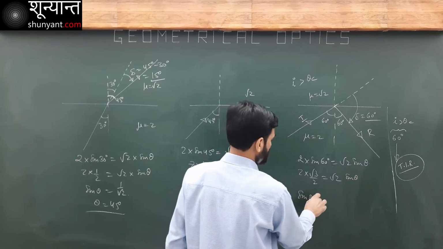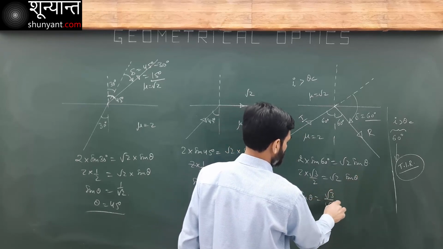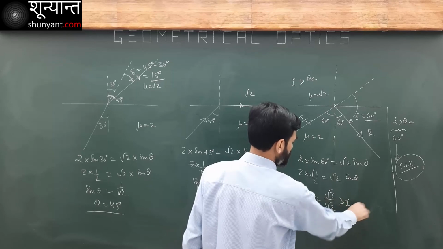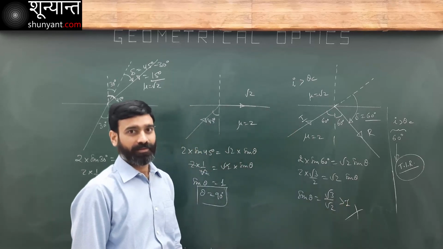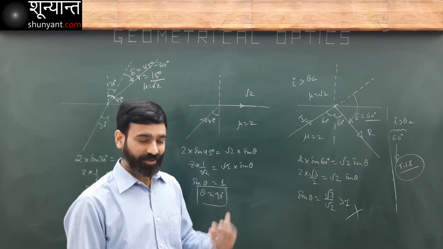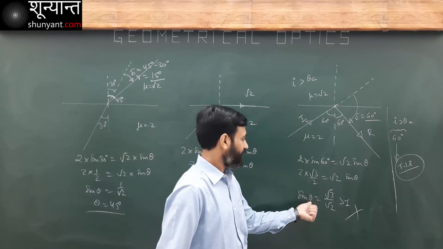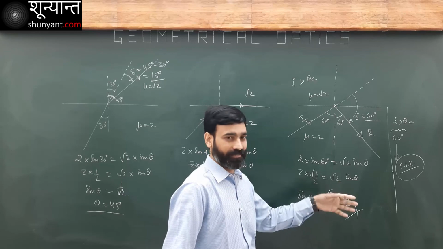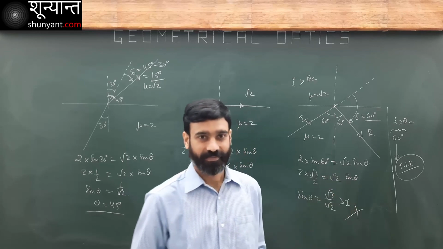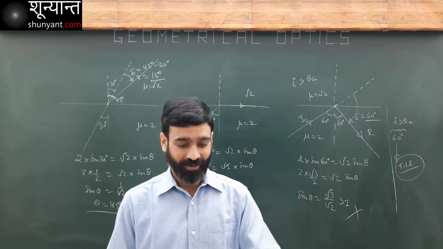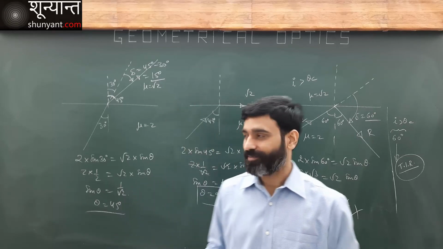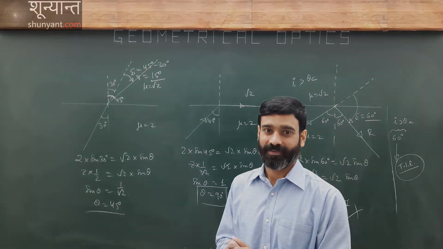Sine theta is root 3 over root 2. This is more than 1. This is not possible. So refraction is not possible anyway; for refraction to happen, sine theta should not be more than 1. It makes no sense. So this is internal reflection and critical angle. We are going to do many problems based on this.